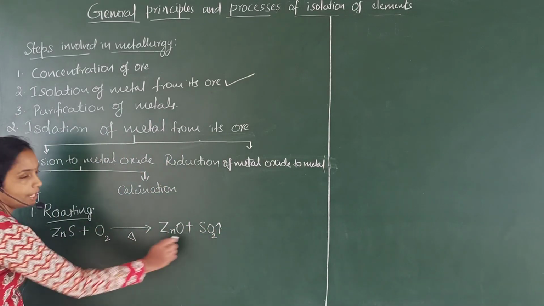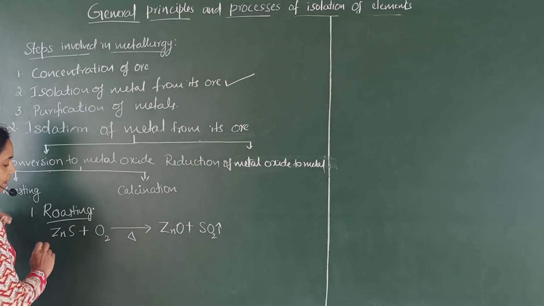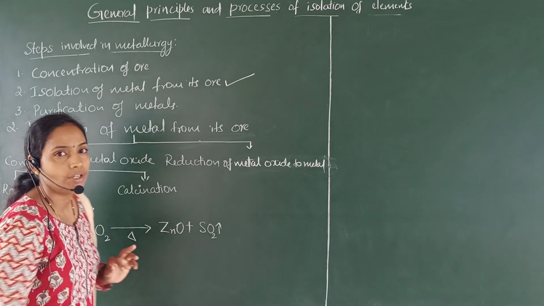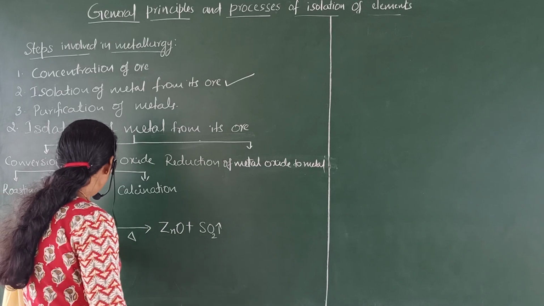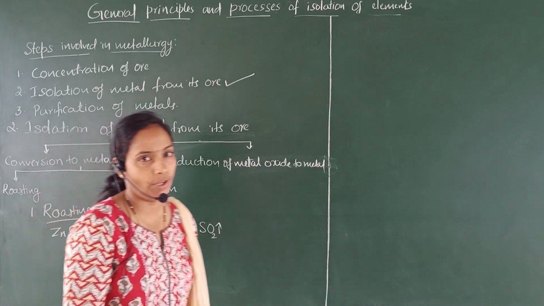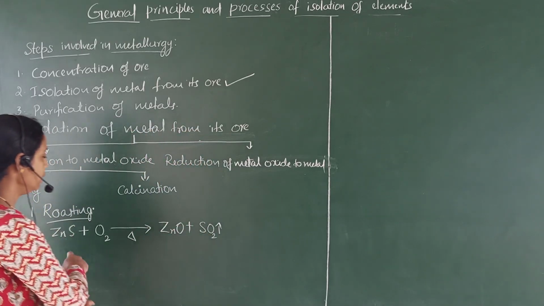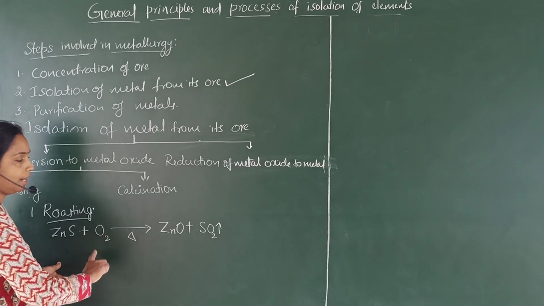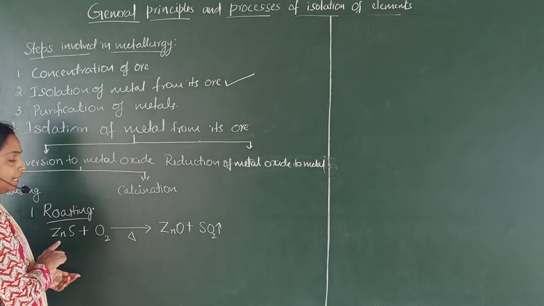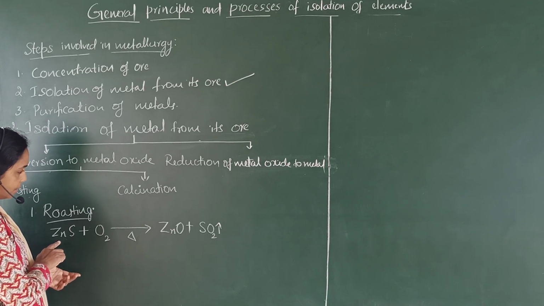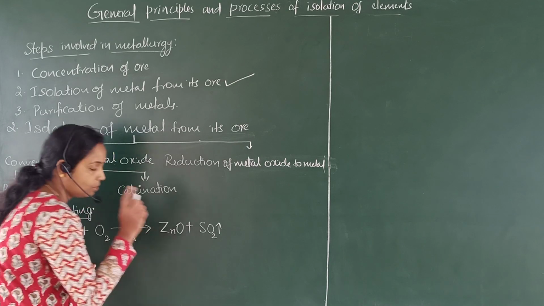Here, oxidation takes place. Now, this reaction is not balanced. To balance this equation, we have to introduce stoichiometric coefficients. Now we will count the number of atoms on the left hand side and right hand side. The number of zinc atoms on the left hand side is 1, and on the right hand side is also 1.